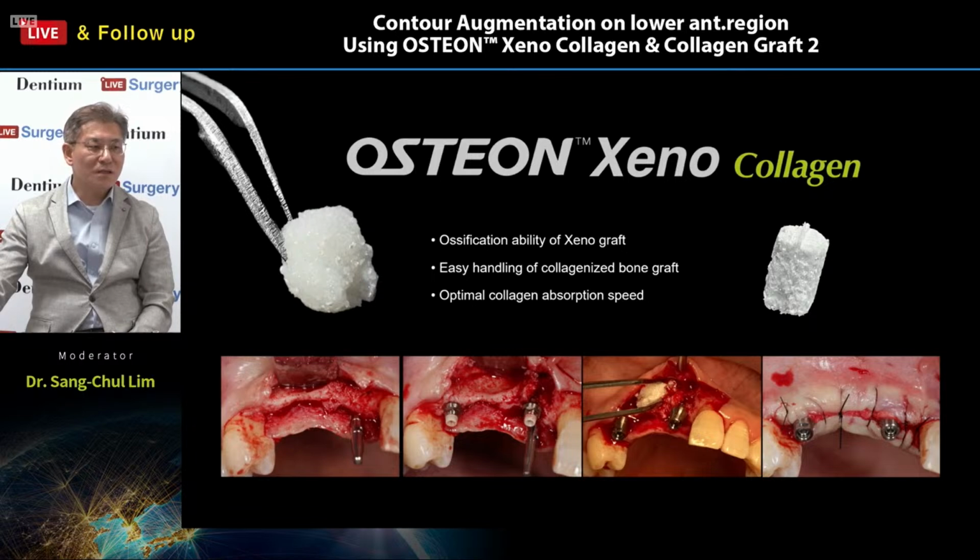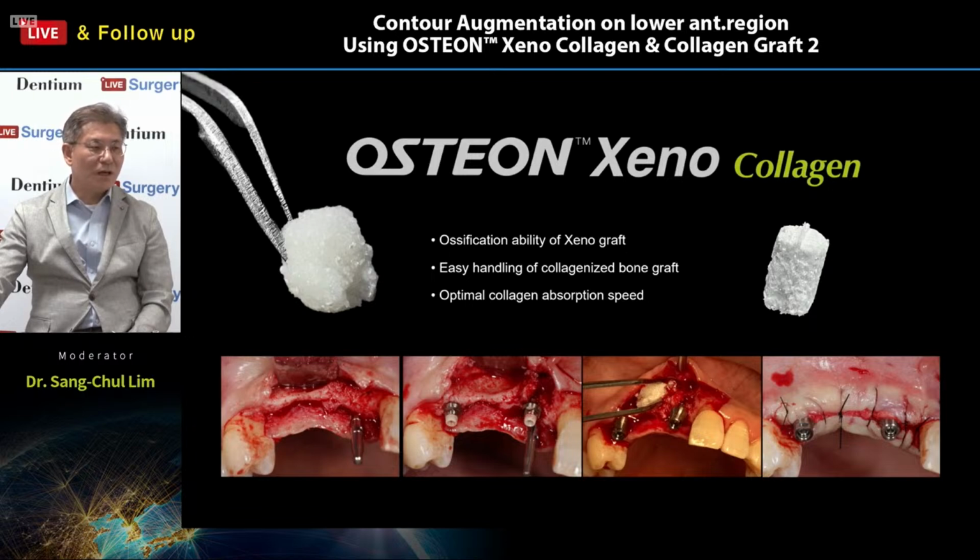About osteogenocollagen, this one is a very unique and versatile bone grafting material. The osteogenograft particles are held by the collagen binder. So they are mixed with each other, and the collagen binder holds all of these particulated bone graft materials.